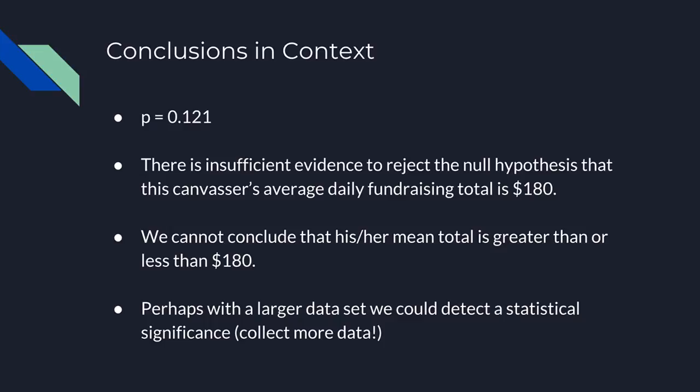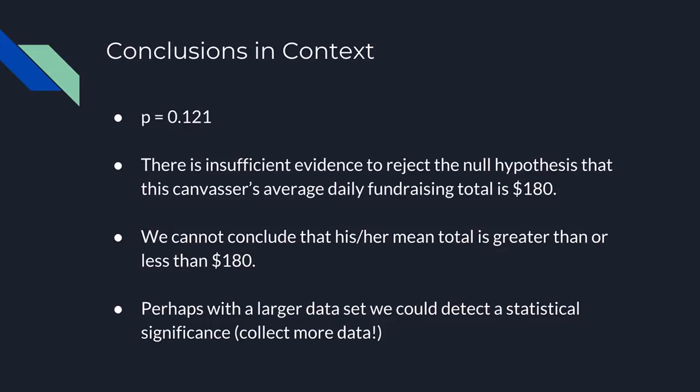Lastly, moving on to our conclusions and context, P was equal to 0.121, which means that there was insufficient evidence to reject our null hypothesis that this anonymous canvasser's average daily fundraising total was equal to 180.